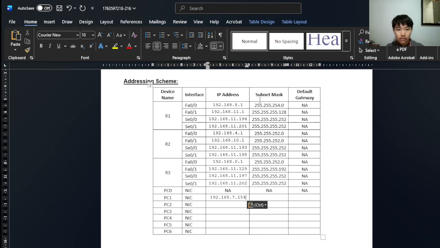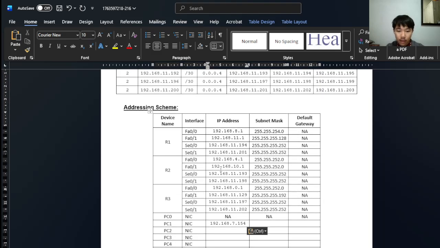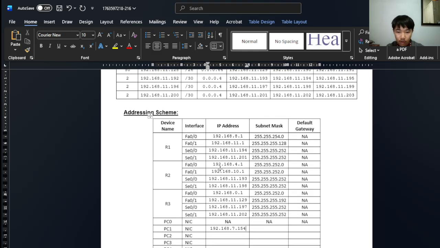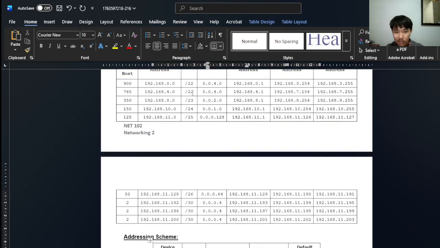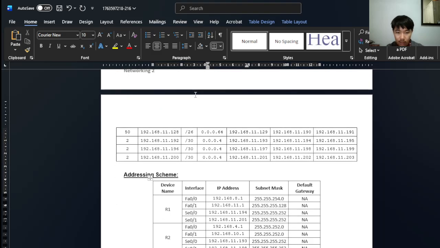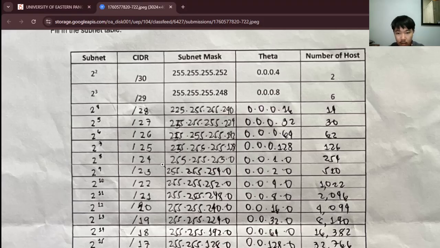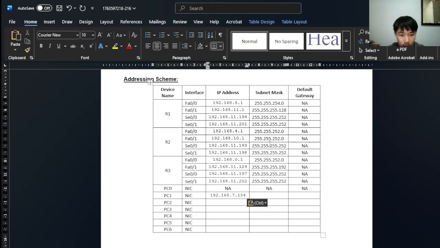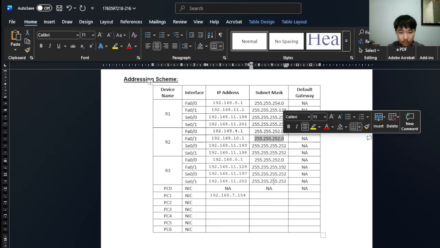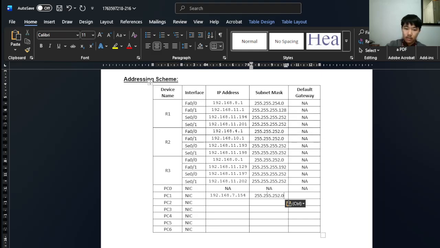In order for us to get the subnet mask, let's just look for the CIDR of 765, which is CIDR 22. So in CIDR 22, 255.255.252.0. Okay, let's copy this one since it's the same subnet mask.